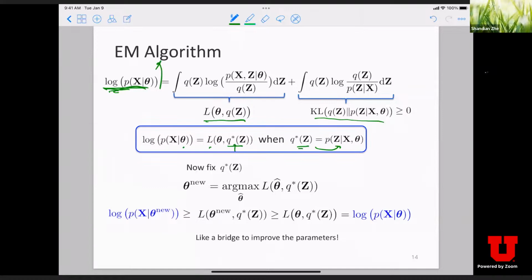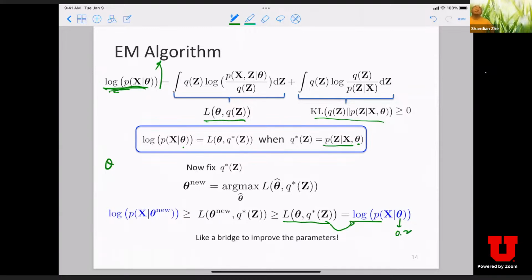How can we do that? Suppose we start from some theta. The theta can be an arbitrary initialization you like. For example, you can take it to be 0.2, 0.3, whatever. Here I just use a scalar as an example, but that applies to the vector case. We know that when you take Q star of Z to be the posterior of Z given X and the current setting of theta, your lower bound is already equal to the true model evidence where theta takes your initial value of, say, 0.2.